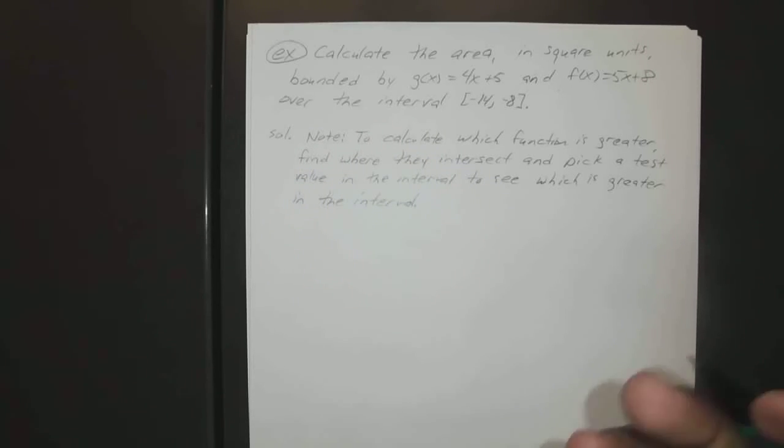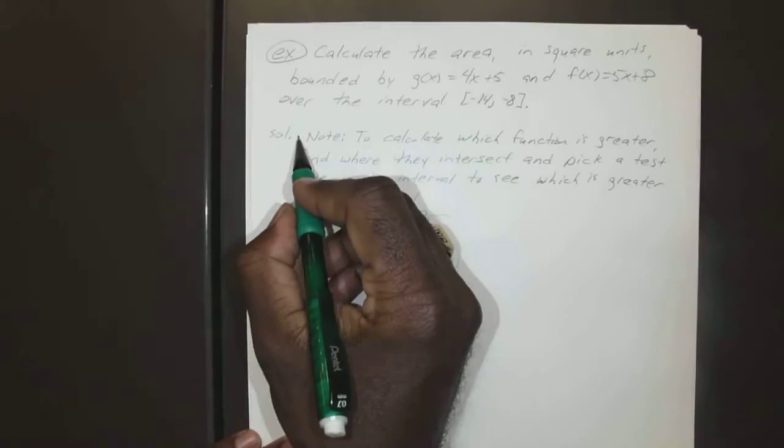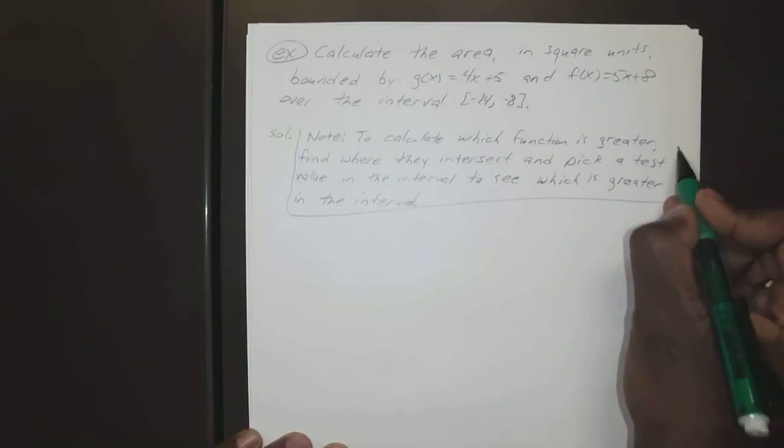Now this first part of the first step, you really don't have to do here because they'll give you the interval. But when you go to Calc 2, you have some problems where they won't give you the interval. So that's where you have to find out exactly where they intersect and then find that interval yourself. So we're really just going over that before you have to use it.